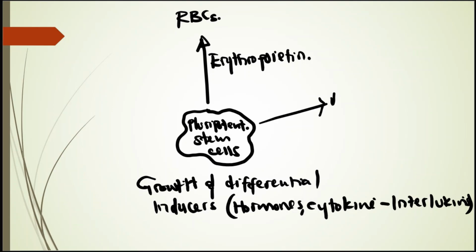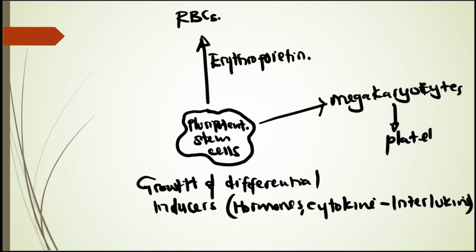If you want to differentiate into megakaryocytes, which are what will form platelets, the inducer is going to be thrombopoietin, and it also works hand in hand with interleukin 11. So thrombopoietin and interleukin 11 would tell the pluripotent stem cell to differentiate into megakaryocytes, and megakaryocytes will start budding off into platelets.